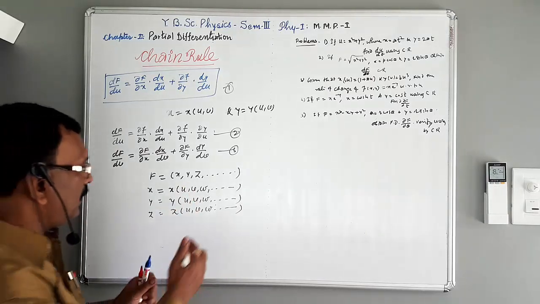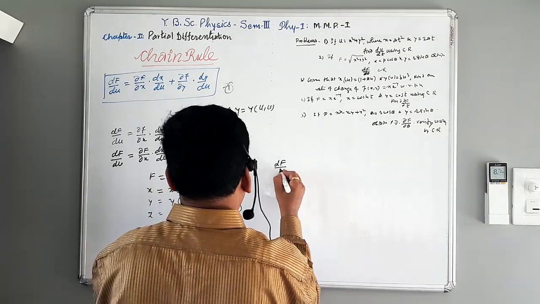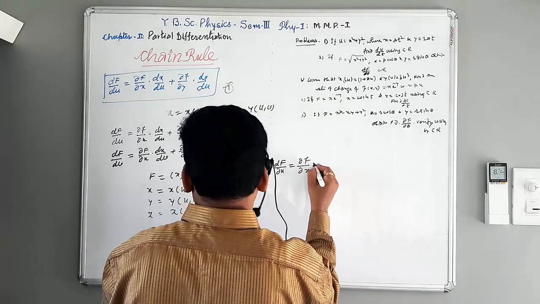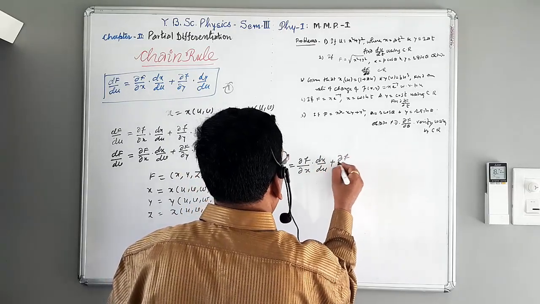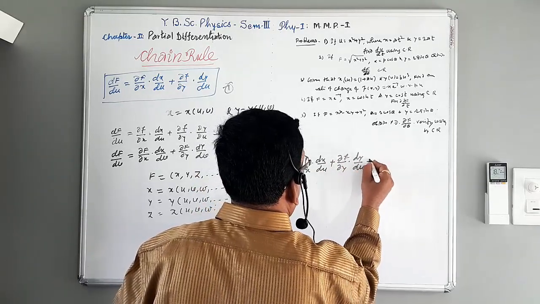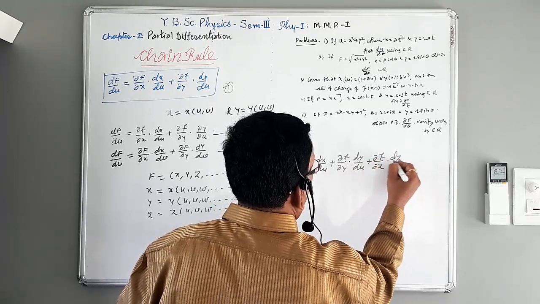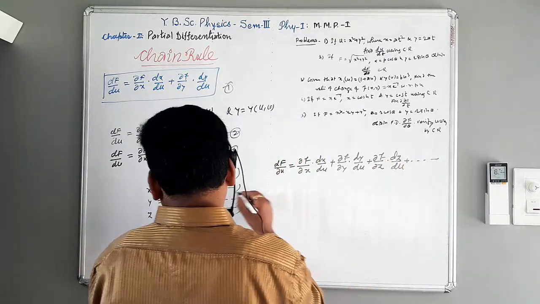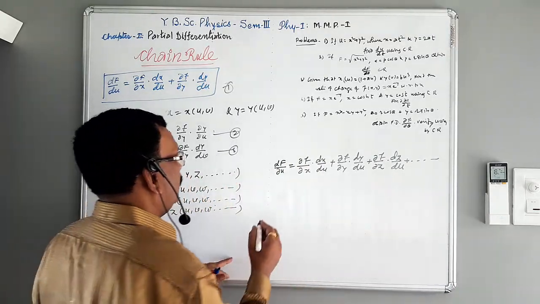For this general case, the chain rule is df by du is equal to del f by del x into dx by du plus del f by del y into dy by du plus del f by del z into dz by du. This is the chain rule for differentiation of f with respect to u.